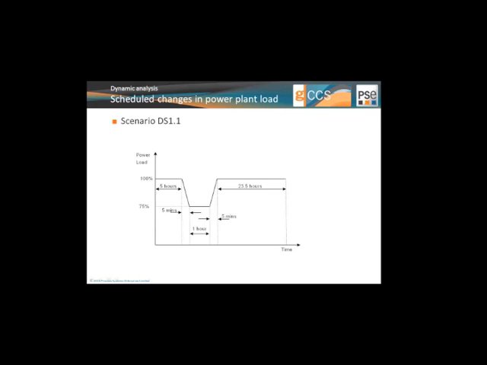For that, we designed a scenario in which we start at maximum continuous rating for the power plant, then drop down to 75% load, stay there for 1 hour, and then ramp up again with the same gradient back to maximum continuous rating, and then we just let the system settle back to steady state over a period of almost a day.